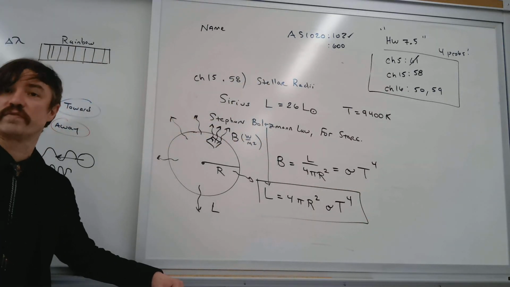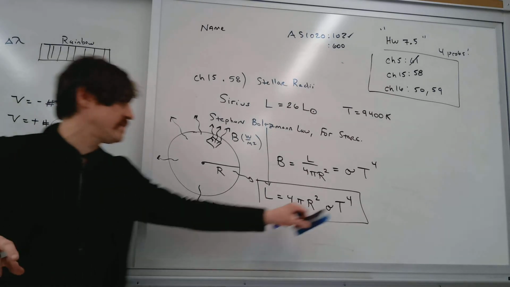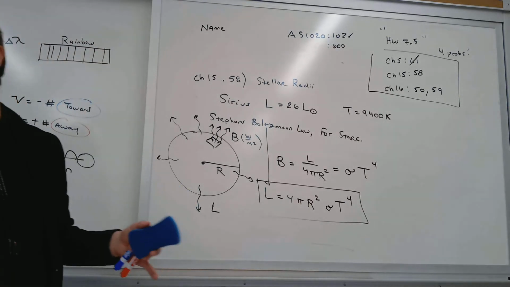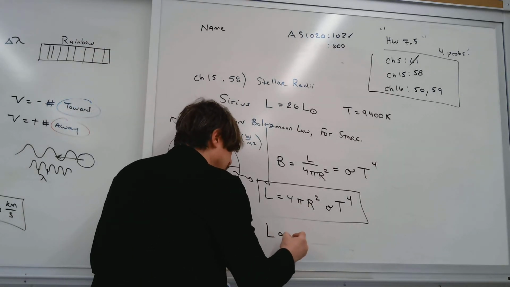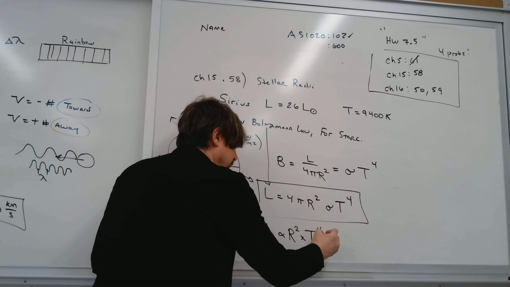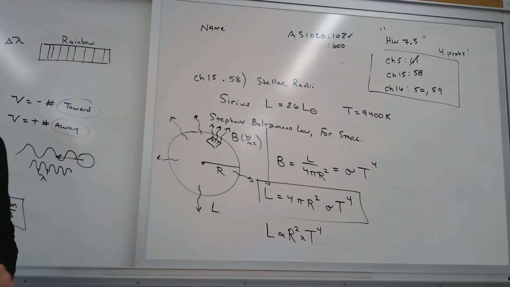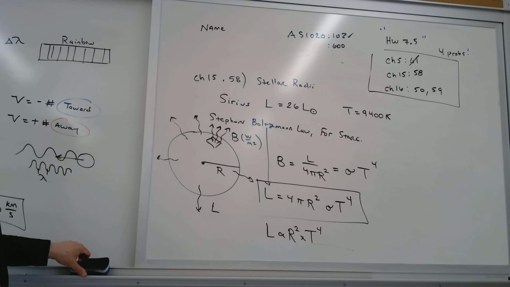This is a useful result because 4 pi and the Stefan-Boltzmann constant sigma are numbers that never change. So what it's really saying is that the luminosity of a star is proportional to the square of its radius times the 4th power of its temperature. Classic astro stuff.